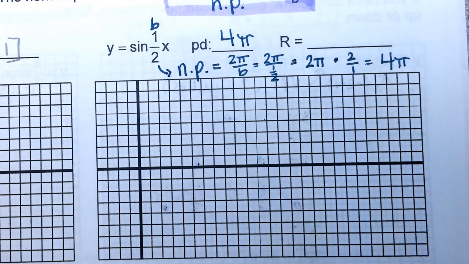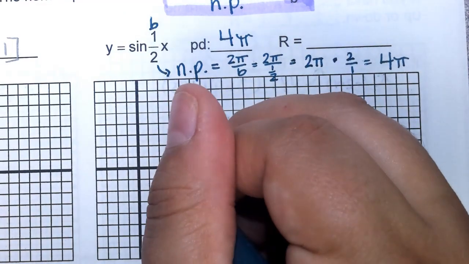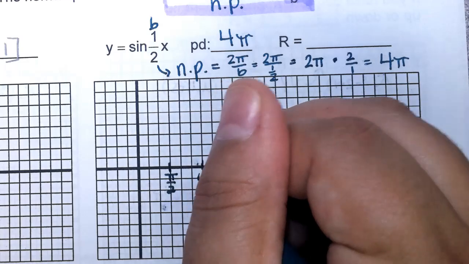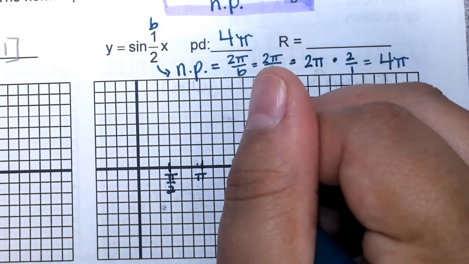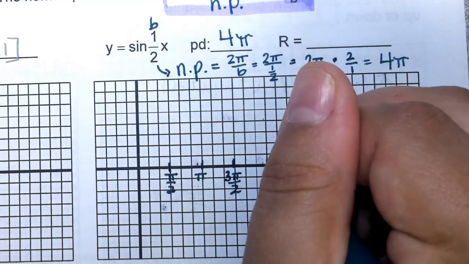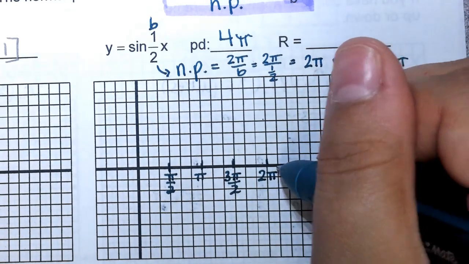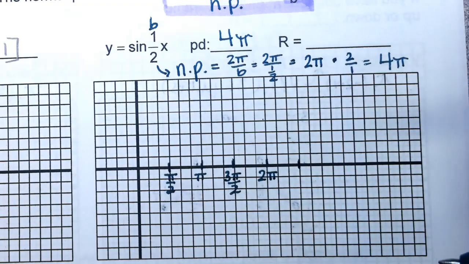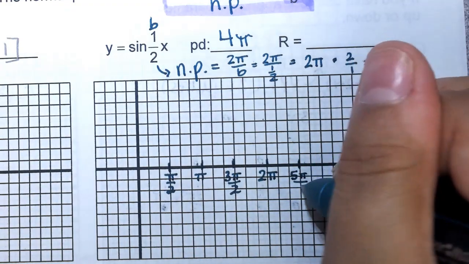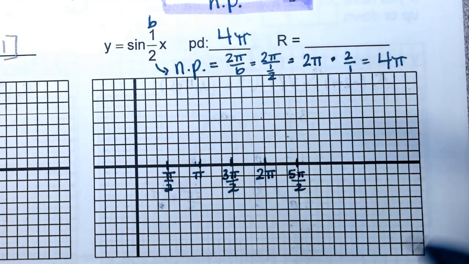So what does that mean I got to do on my x-axis? I'm going to do pi over 2. 1, 2, 3. Pi. 1, 2, 3. 3 pi over 2. 1, 2, 3. 2 pi. And then what's going to come next? Where are you getting 5 pi over 2? Because that's 2 pi plus pi over 2.